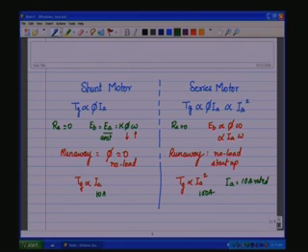This makes a torque which will be much higher than the shunt motor torque for the same armature winding rating of the currents. So, this makes the series motor special in some kind of application where you need very huge torques, especially at low speeds.